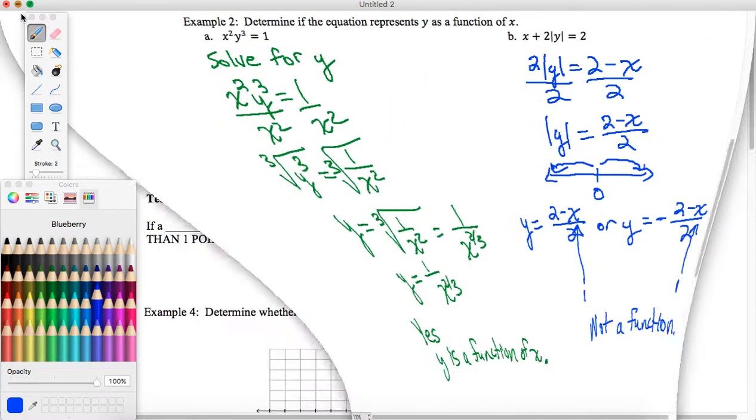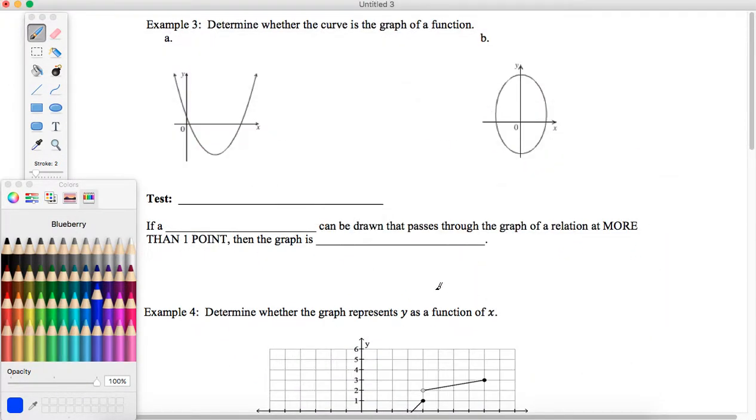Let's look at a graph to determine if y can be represented as a function of x. Okay, here I have this parabola, right? We'll be looking at relations that are parabolas throughout the chapter here. And so if I want to determine if y is a function of x, that means each x gets assigned to one y.